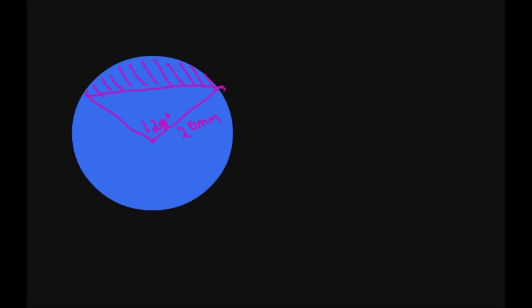Alright, so now we're going to find the area of this shaded region right here. So we're going to start the same way. We're going to find the area of that whole sector of that circle. So we're going to do the area equals 120 over 360 times pi times our radius, which is 20, squared.